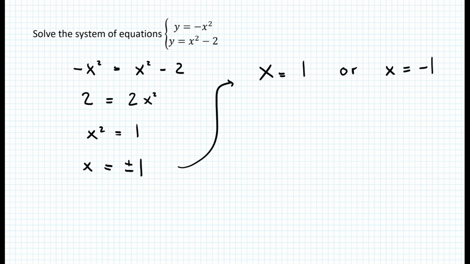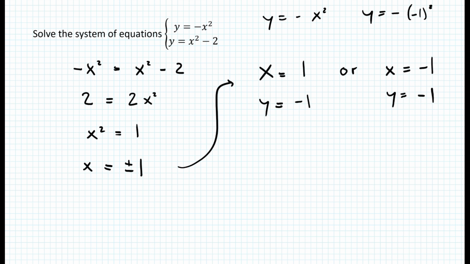Now, in either case, what is the y value here? If you substitute 1 into negative x squared, you end up with negative 1. And what about this one? If you substitute negative 1, so if you write y is equal to negative, and then negative 1 squared, you also end up with negative 1.